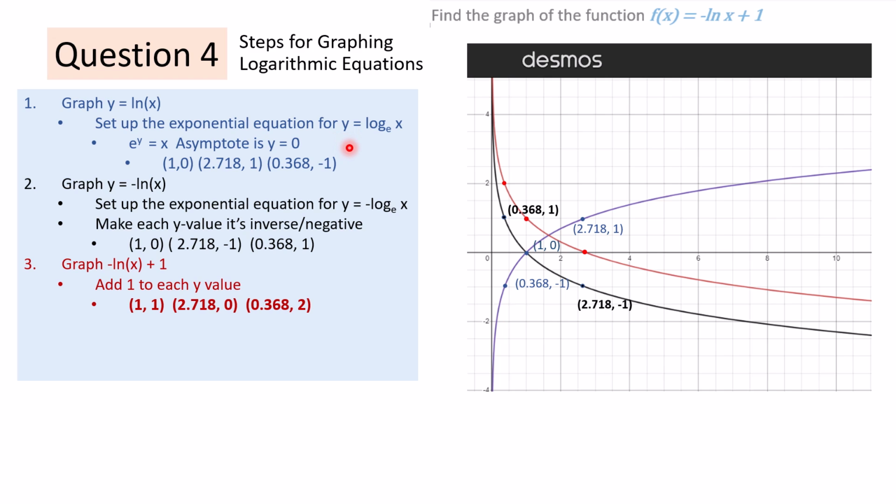Remember, ln, the natural log of x, is log base e of x. Now take the e, bring that to the power of y. e to the y equals x. So the asymptote is y equals 0. This line right here.